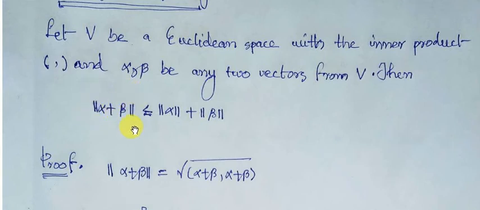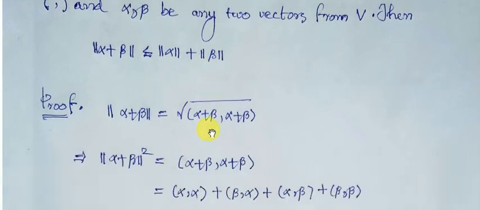This will be less than or equal to the summation of the individual norms of these component vectors alpha and beta. That means norm alpha plus beta is less than or equal to norm alpha plus norm beta. So let us now see how we can show this.